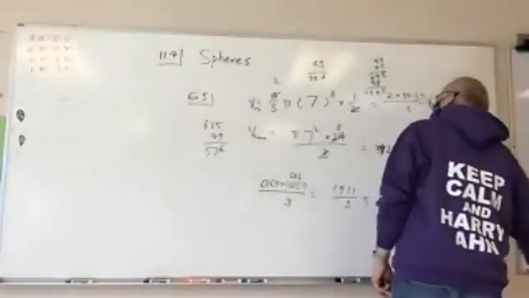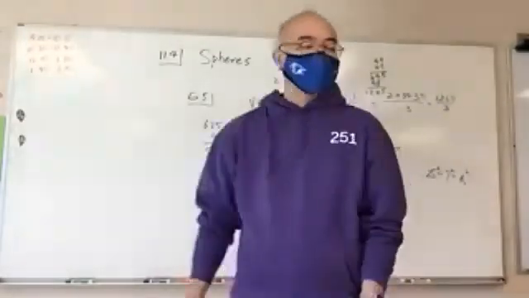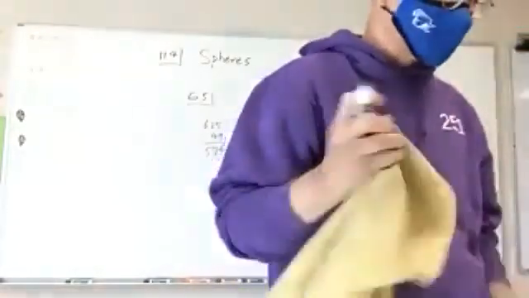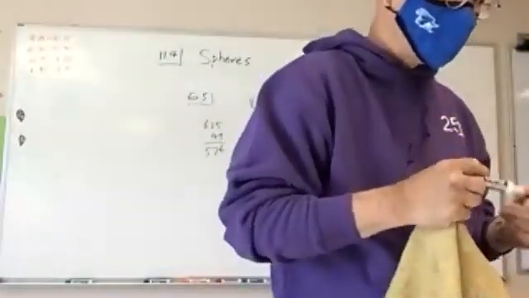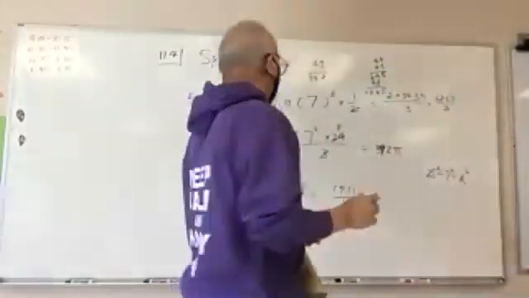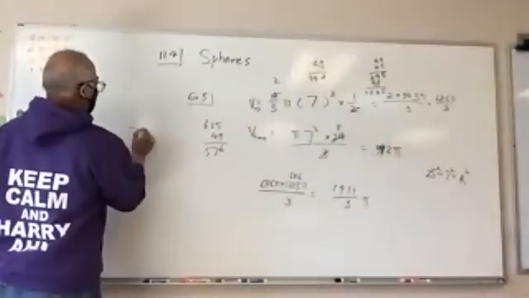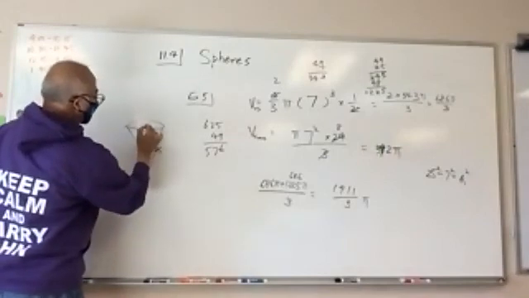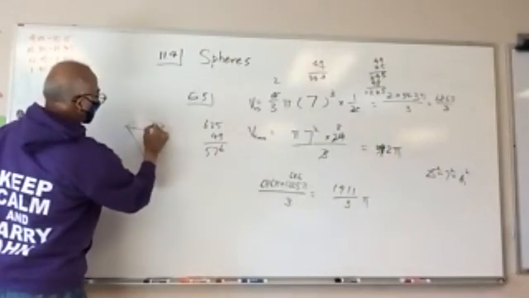So everybody see that equation there? That's the one that I really wanted to point out. So the surface area of the cone, so here's the cone, right? We'll just look at the cone here. This is 25. This here is 7.